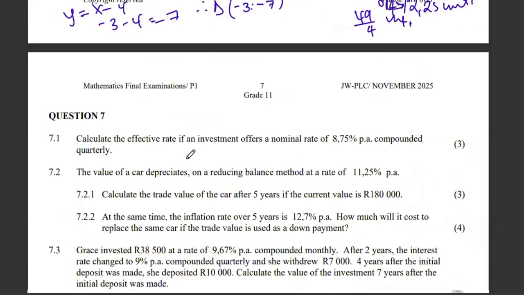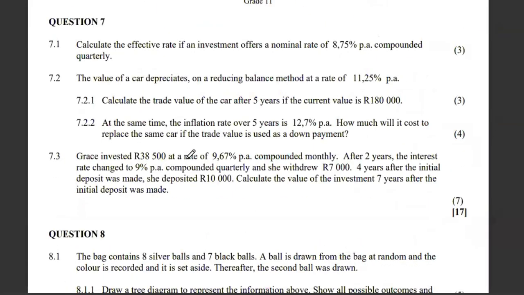Then question number 7. They want us to get the effective rate of interest of an investment that offers 8.75%, compounded quarterly. So we know from our formula that 1 plus i effective is equivalent to 1 plus i nominal over n, to the exponent of n.